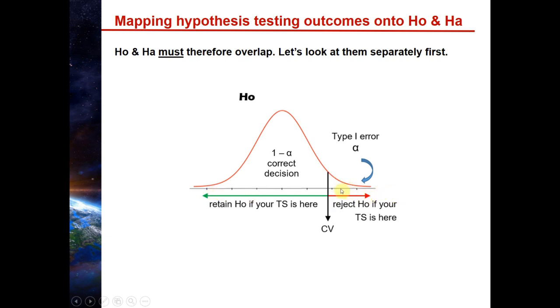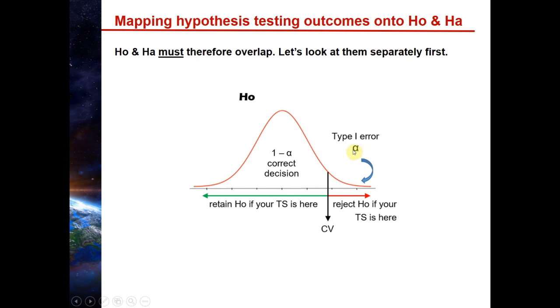So if we get a TS here, we can say that the probability of our test statistic is less than 0.05, that's 5%, under H0, but that also means that the probability of making a type 1 error is also less than 0.05, which is small. Less than 0.05 is small, but it's still a possibility.